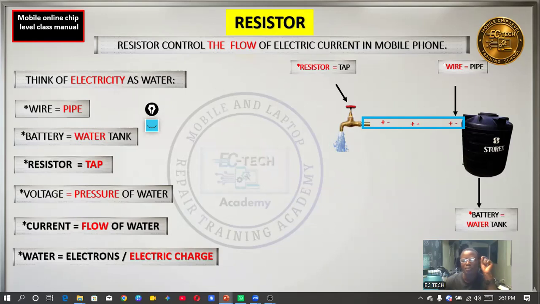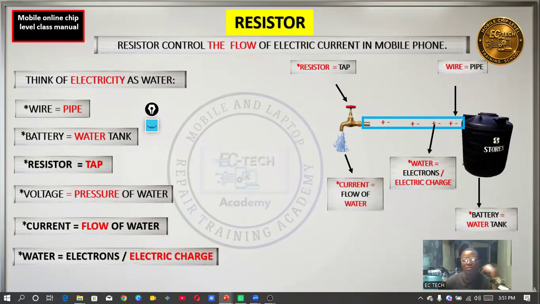Plus minus plus minus, that's the electric charge, represented as water, which is electrons or electric charge. The amount of water that is coming out is called current. That's the flow of water, current.